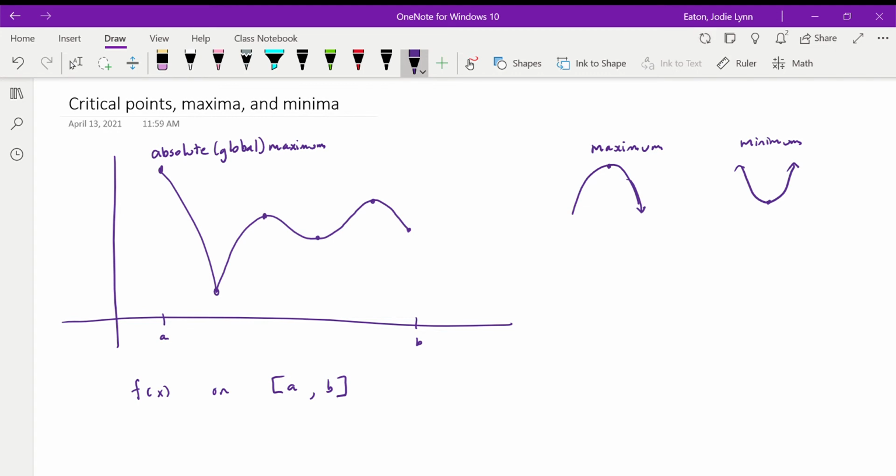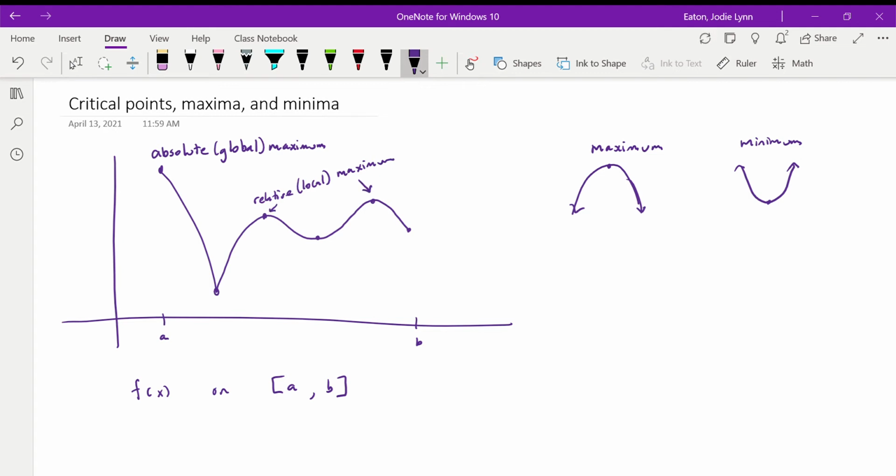So it's the highest it can possibly get. Just like our maximum with the parabola, that was the highest point that function ever got to. So that was an absolute maximum. This point right here is called a relative or local maximum, as is this point right there.